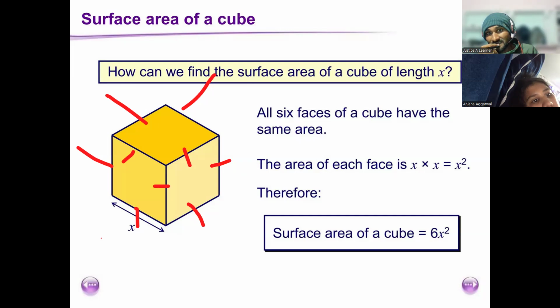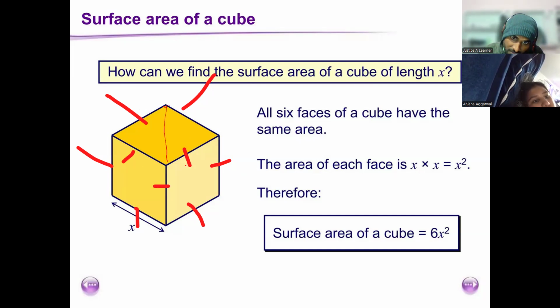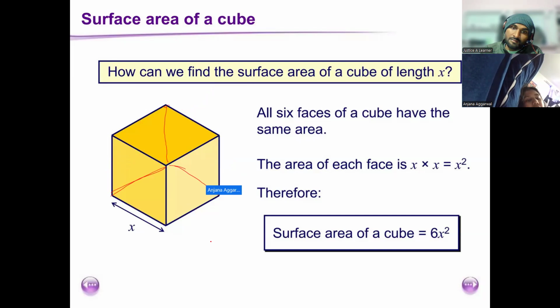Ten, eleven, like that. Okay, let me just try to draw it. One this side, one this, and one this. There would be three more. So one, two, three. Then it would be 12.